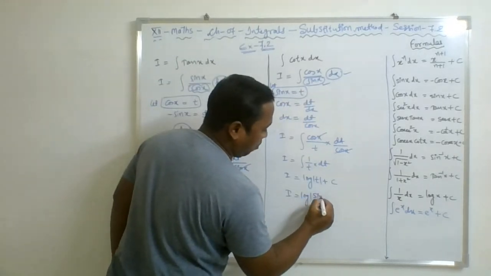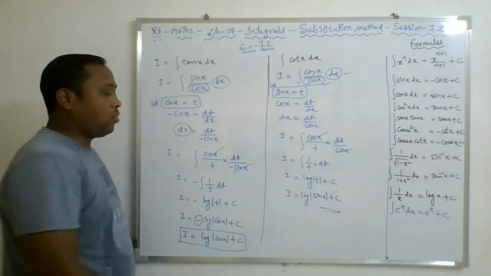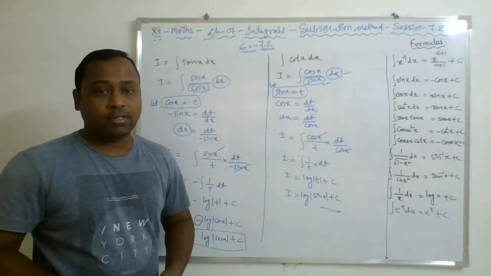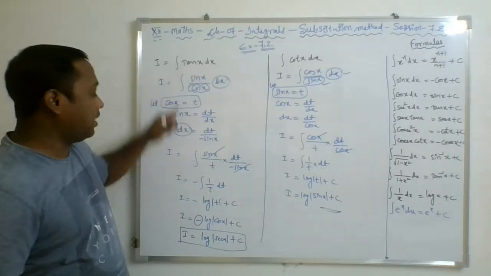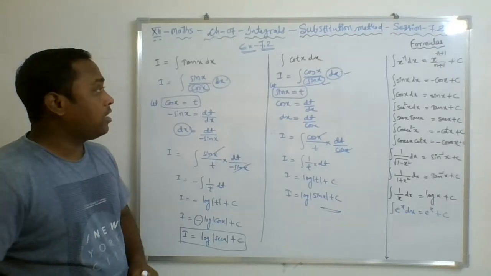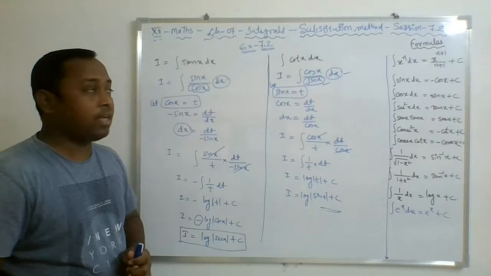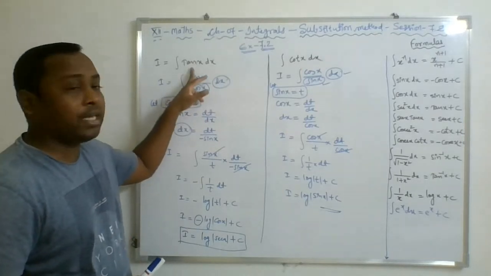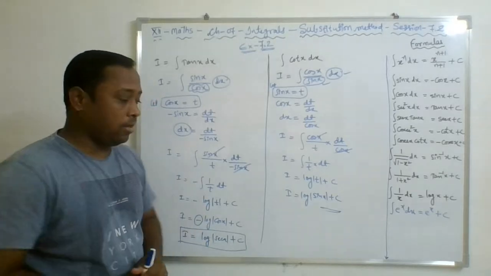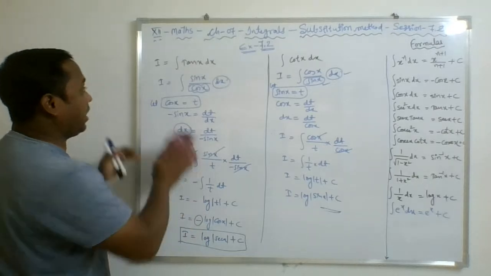So log modulus of sin x plus c. So you got a formula. The integral of cot x is log sin x, and the integration of tan x is log of sec x. These are the two important formulas. Again we are going to derive the integration of cosec x and the integration of sec x also, by using the same technique, that is the substitution technique.